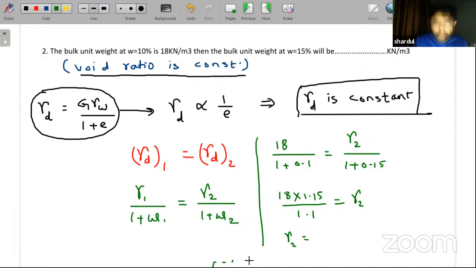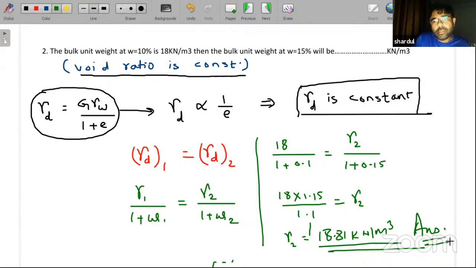It is 20.49. Sorry, 18 into 1.15 divided by 1.1, it is 18.81 kilonewton per meter cube. This is your answer.